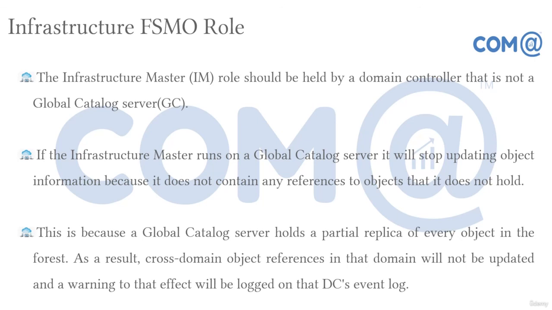Basically, the global catalog server stores a partial replica of every object in the forest, and as a result, the cross-domain object references in the domain will not be updated, a warning will take effect, and the logged-on domain controller's event log will be updated.